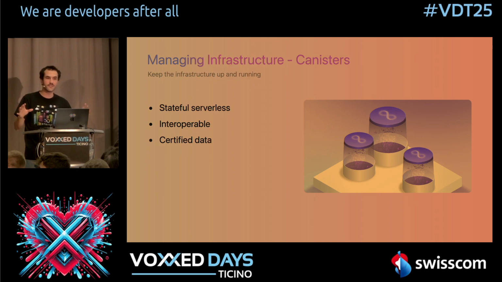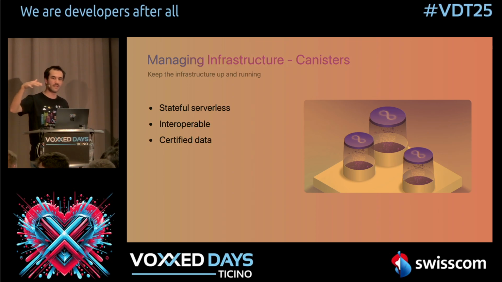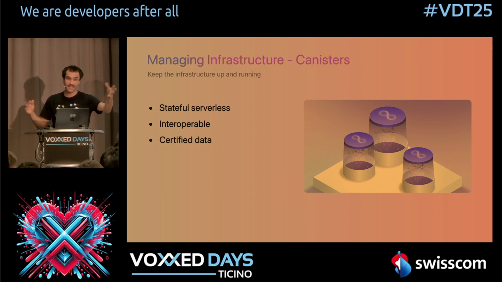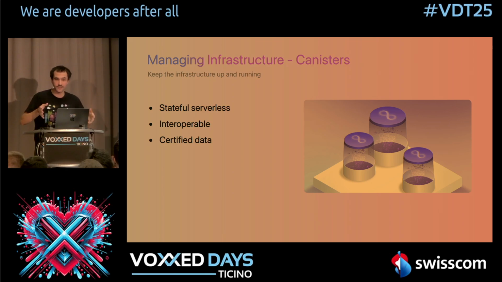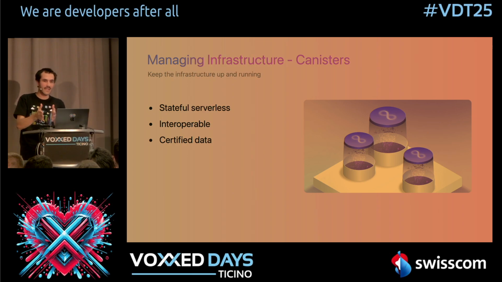So you have no need to connect to any database, no need to connect to any S3 storage, no need to connect to any authentication system, as we saw before, just because inside the canisters, we already have the entire state of our application, and we can run them in a serverless way.